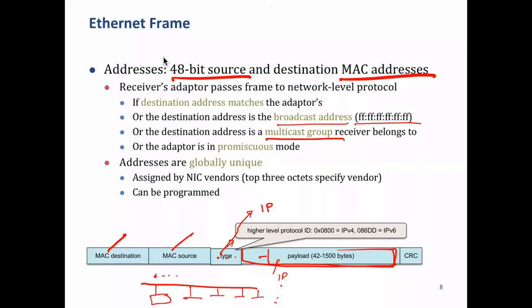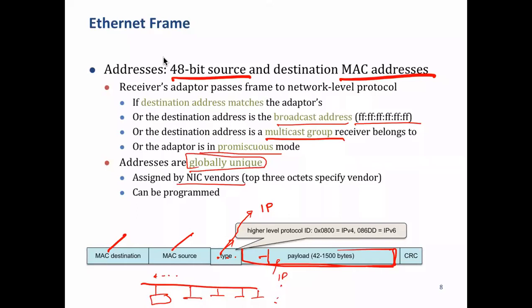We'll skip this. Our adapter can be in promiscuous mode. Promiscuous mode is where it silently receives packets, for observation of traffic. Addresses are globally unique when they come from the vendor. There is a specific way of giving globally unique addresses.